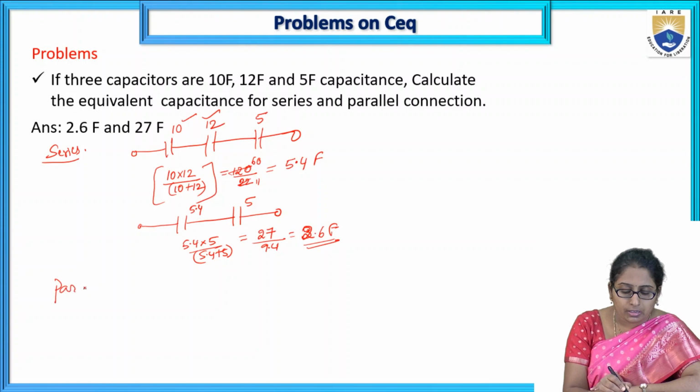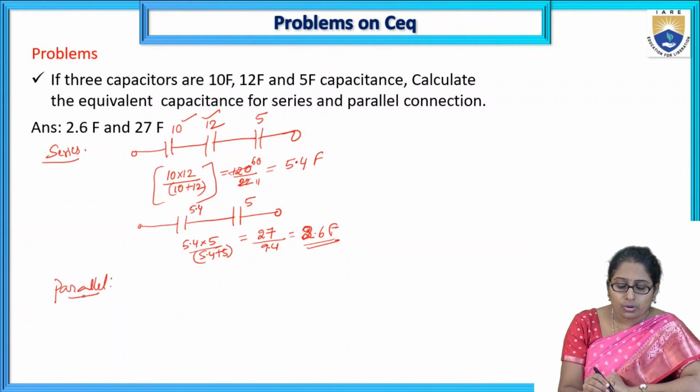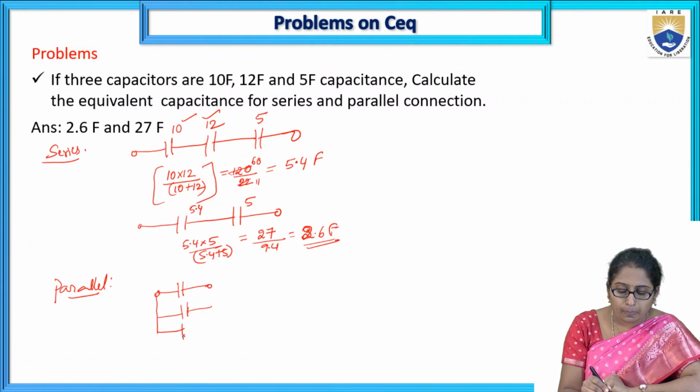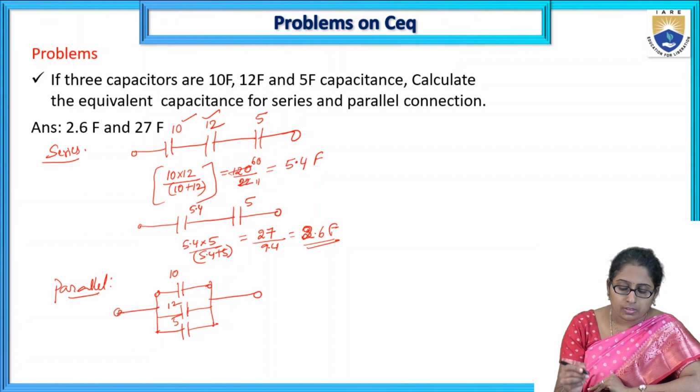Next, parallel. Draw the three capacitors in parallel: 10, 12, 5. Calculate the C equivalent here.